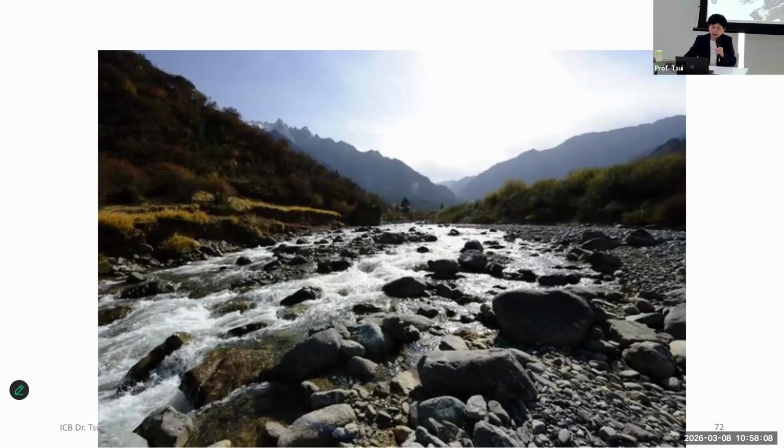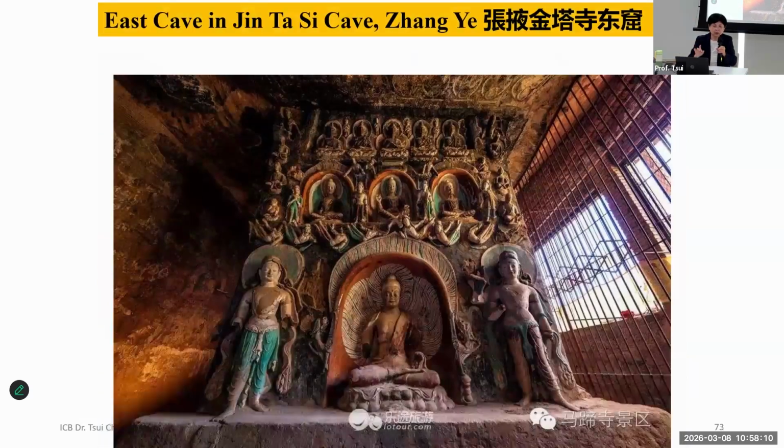So here is one site associated with the Northern Liang. Here you can see it preserves only 2 caves dedicated to the Northern Liang. The central pillar cave was designed with very beautiful sculpture of the Buddha and Bodhisattva.